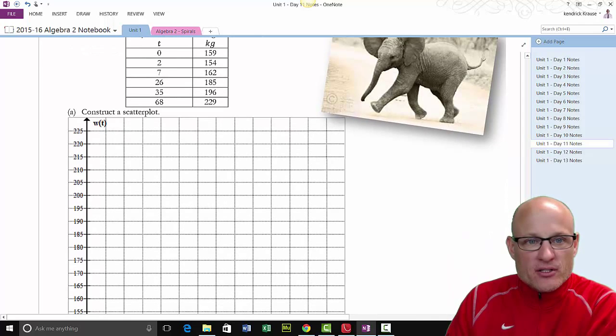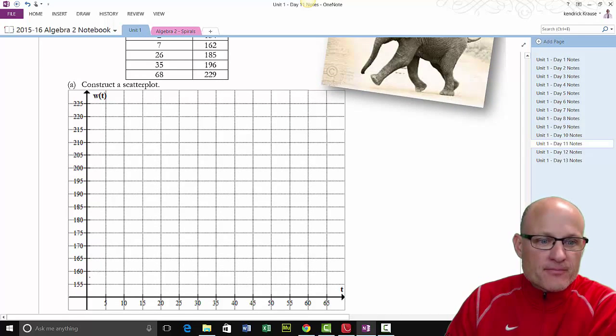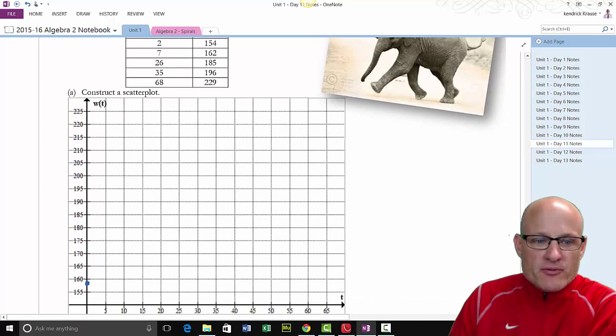So we're going to graph these. 0 days, 159. 2 days, 154. 7 days, 162. 26 days, 185. 35 days, 196. And 68 days, 229.